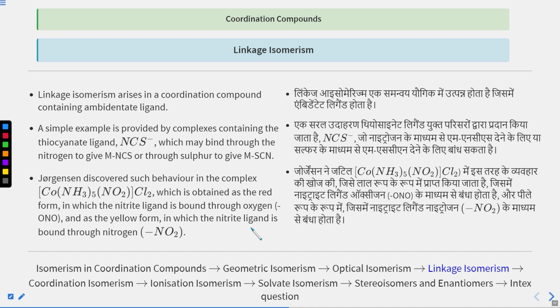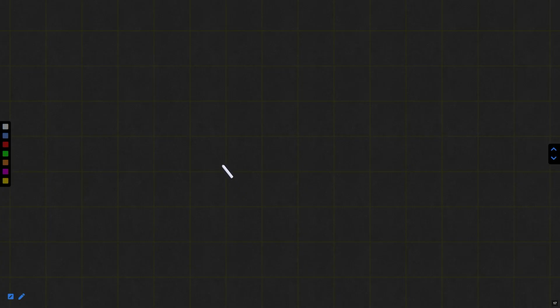So we can see an example of it. Suppose we have NCS, then the metal can chelate with the N part and with the S part. Both are possible. I've drawn the structure earlier, and I'm drawing it again. Okay, so this is possible.